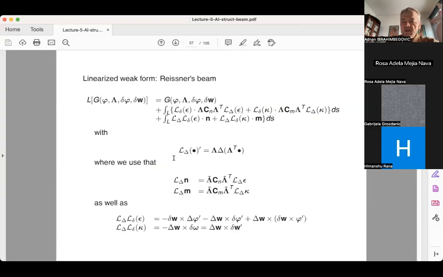You can do linearization. Again, linearization is similar to computing the rates. Only this time around, instead of a lowercase delta, you use uppercase delta. That means you're looking into an incremental displacement and incremental rotation. And basically, you get the two contributions of the tangent operator, one being geometric, where you take a derivative of a virtual strain, which still depends on lambda, basically.